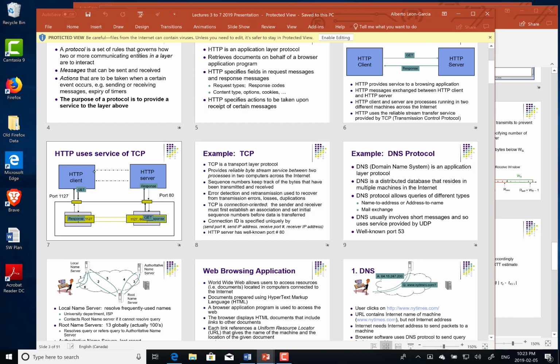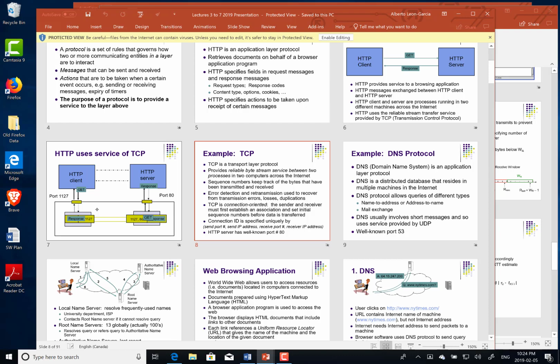In order for these two to appear to be directly connected, TCP provides an abstraction of two pipes, one from client to server, one from server to client, and TCP then does the work of enabling the smooth transfer of bytes from one direction to the other and then back.